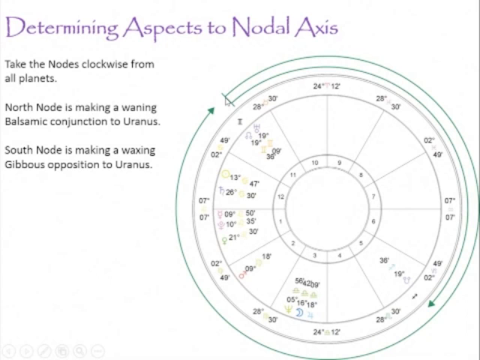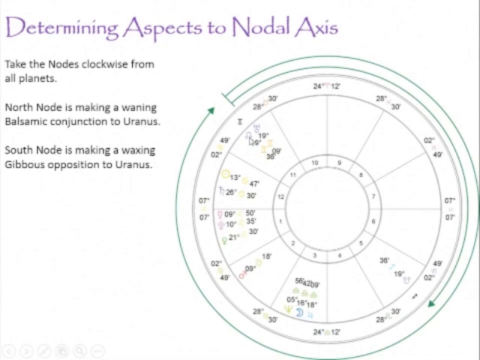Now we do the same thing with the north node. We start with Uranus and we go all the way around the circle until we get to the north node at 19 degrees Gemini, 36 minutes. You see that this is a balsamic conjunction to Uranus.